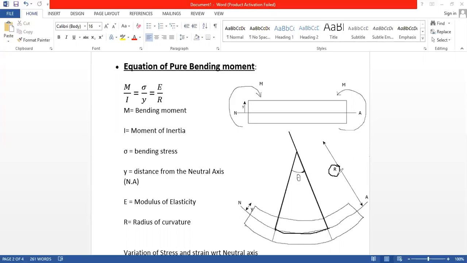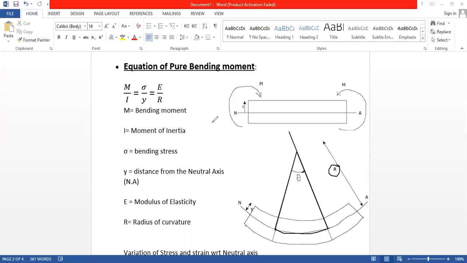R is the radius of curvature when the beam bends and takes the shape of an arc of a circle. These are the interpretations of the different terms of the equation of pure bending moment.